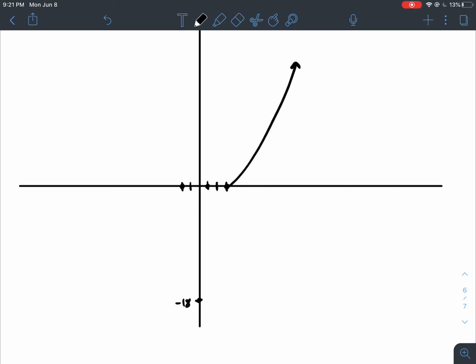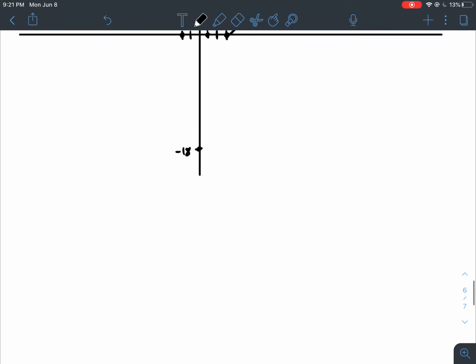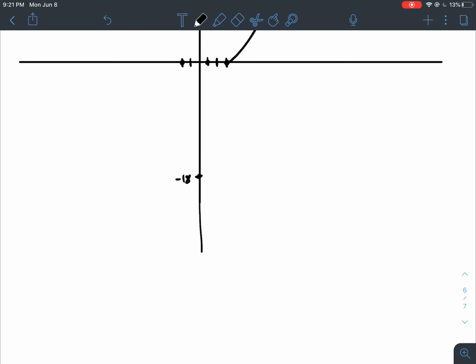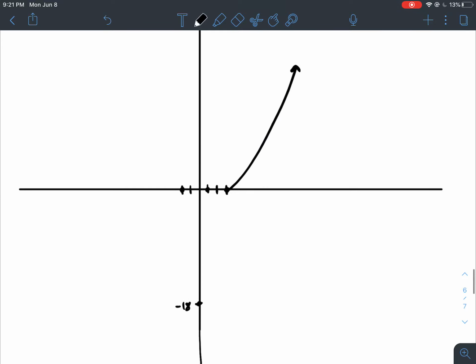At negative 1 and negative 32, I have a minimum also. I don't know where negative 32 is, but let's just say it's down there somewhere. So I'm going to have a point right here. That's going to be a minimum point. And then I'm going to have a max at 1.75, 4.4. Let's just say that's 4, so here it's going to be a max. And that's really all we need.